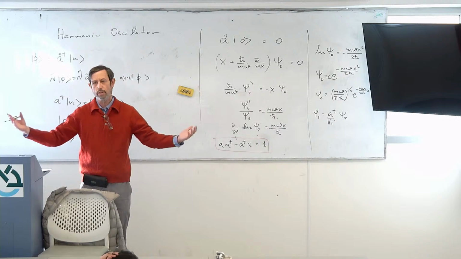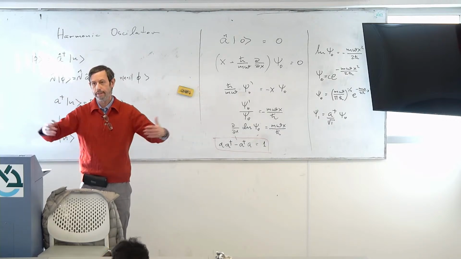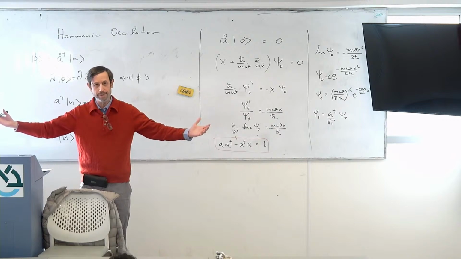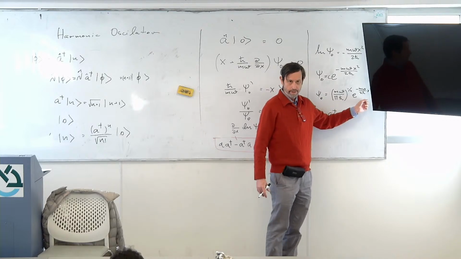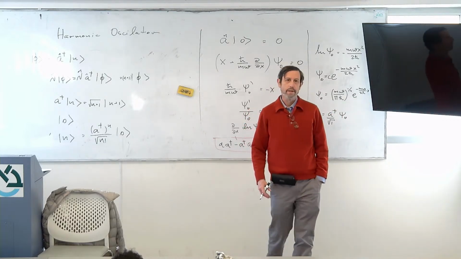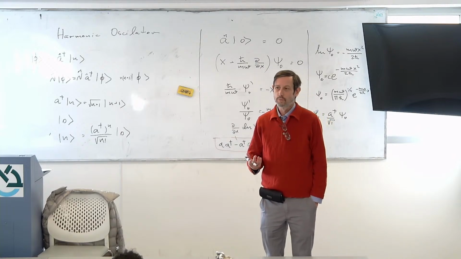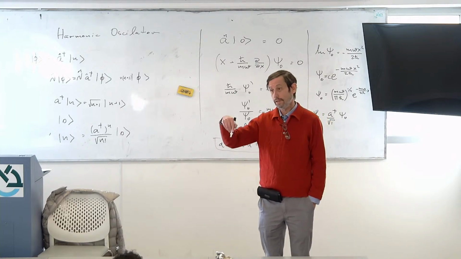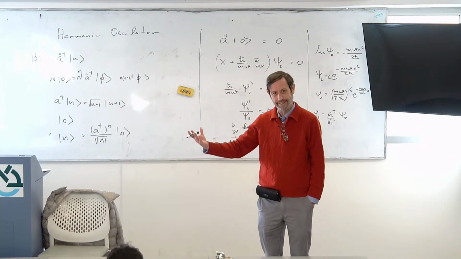It has to decay far away because the potential won't let it live far from the center. So that's the role of the exponent. The polynomial will give us the oscillations. We know that a particle in a well has to show a number of oscillations equal to n.